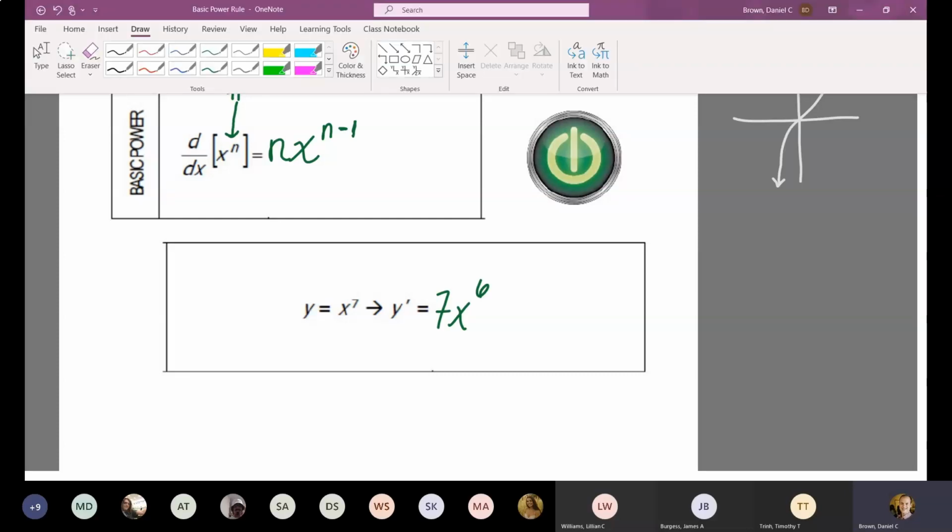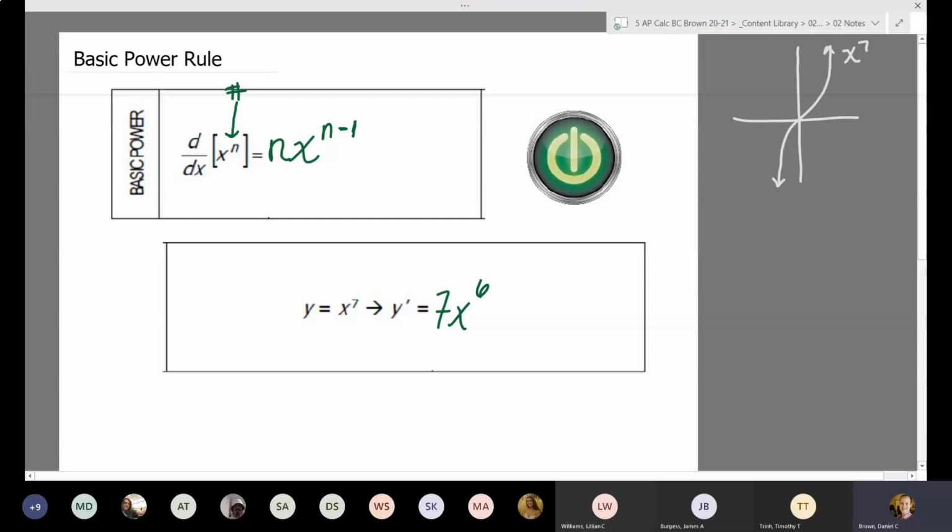And if this was an example of a problem that we were doing yesterday, I would say, hey, let's graph the derivative of that. Well, looking at x to the 7th, it is always increasing. So the derivative is always positive, but it switches from being concave down to being concave up. So if I go to actually graph this, this is going to be the derivative I'm drawing.